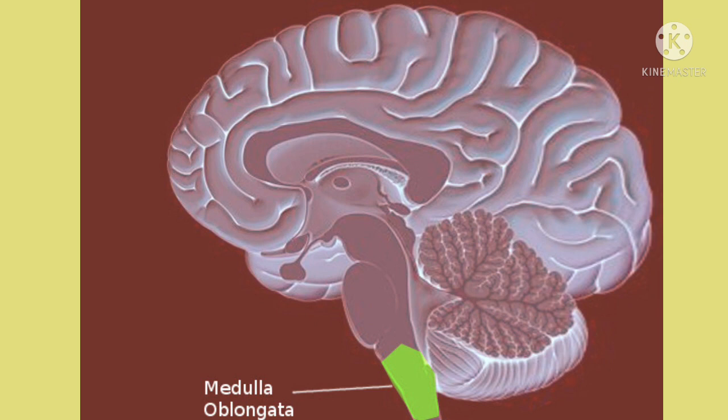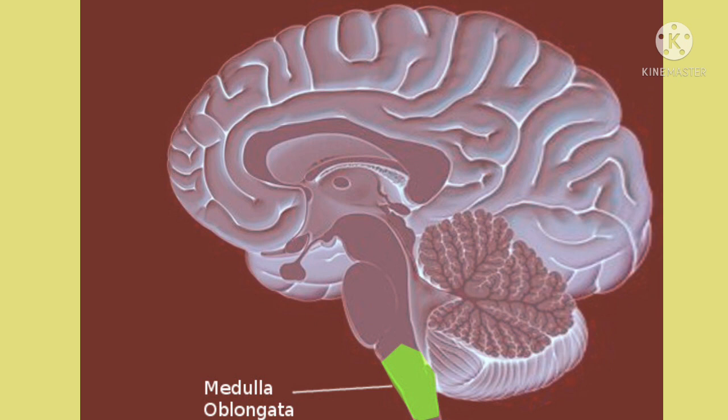The medulla oblongata connects the spinal cord and various parts of the brain. It has cardiac centers, respiratory centers and vasomotor centers to control heartbeat, respiration and contractions of blood vessels.